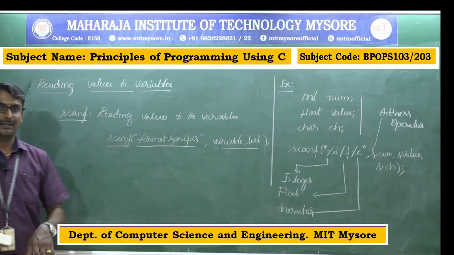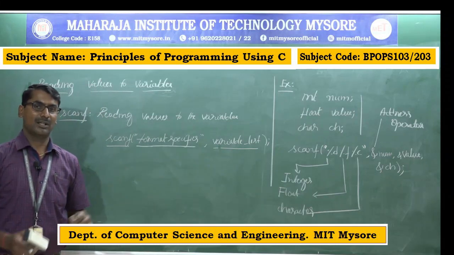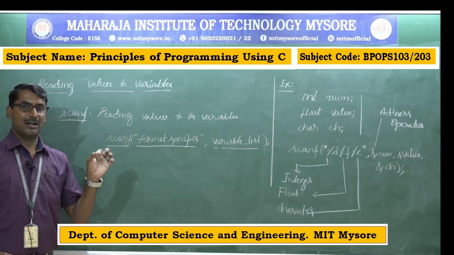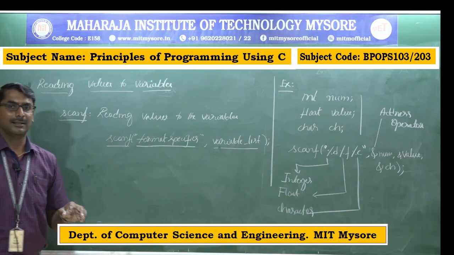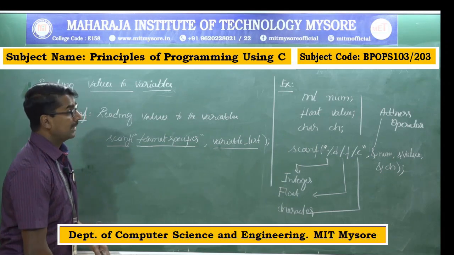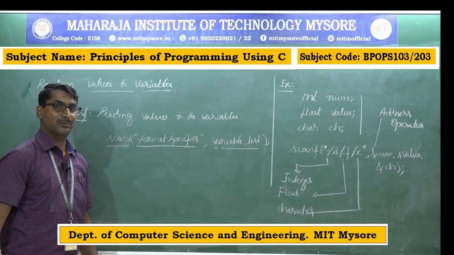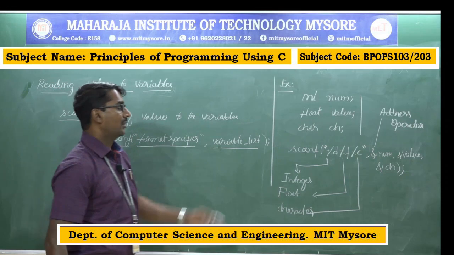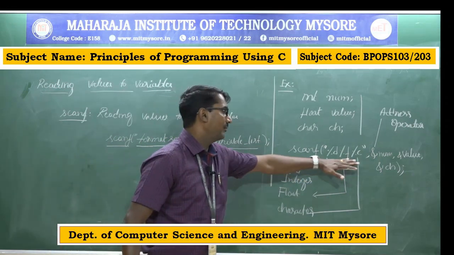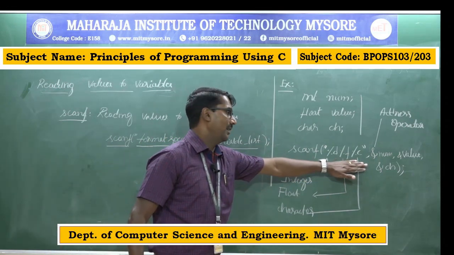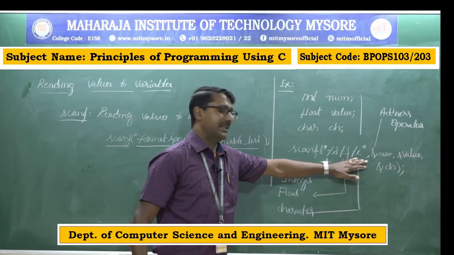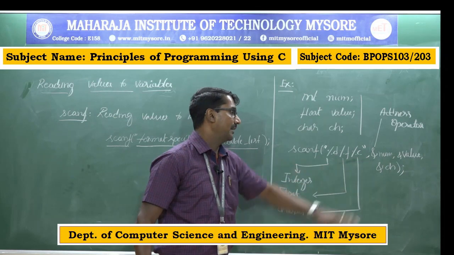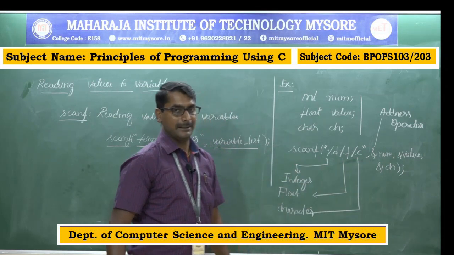One thing you need to understand: when you enter a value through the keyboard, the type of that value is a character array. Then you need to convert that into the corresponding data type. To convert into the corresponding data type, we use a format specifier. So here %d is for integer, %f is for float and %c is for character. Okay.